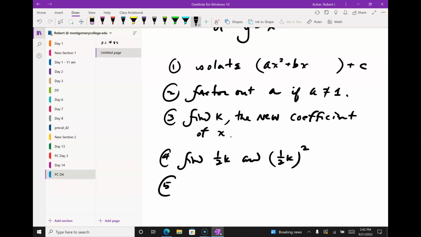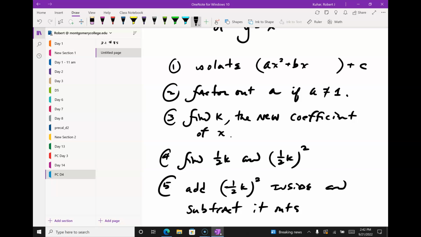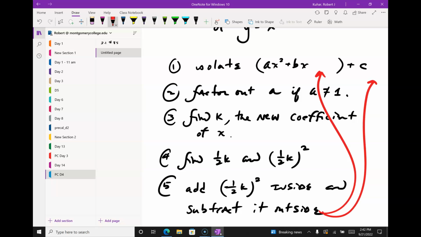I want to add half of k quantity squared inside and subtract it outside. If you kind of remember me doing that, and then getting rid of it, making sure it canceled there.